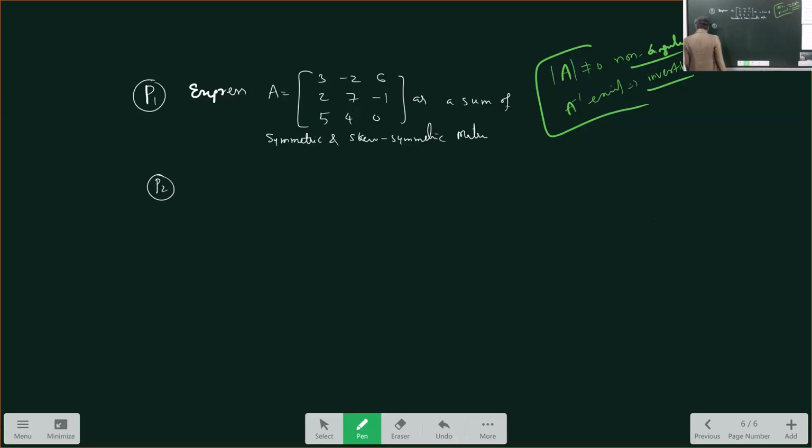So if you need any problem for practice on A inverse by adjoint method, you can make this one. Find A inverse by adjoint method.